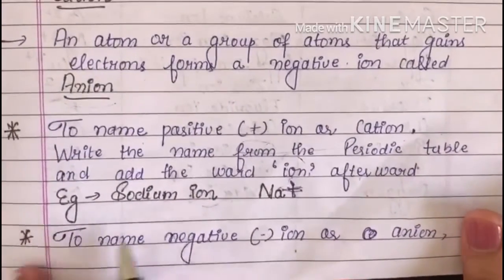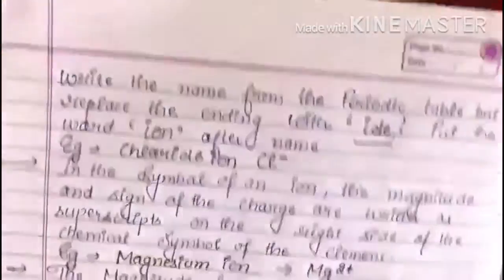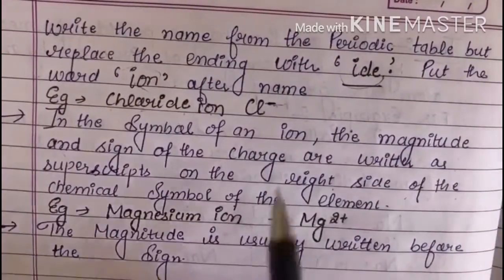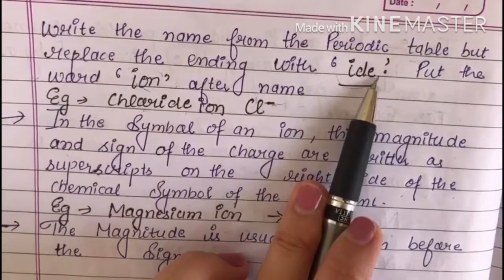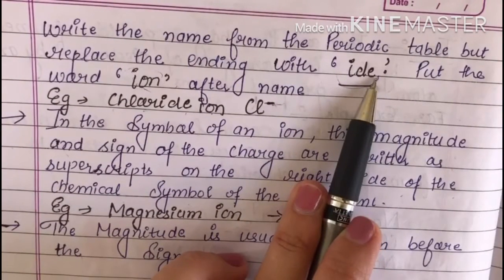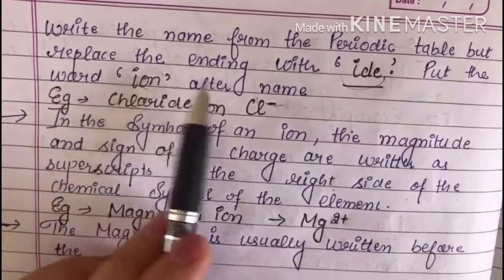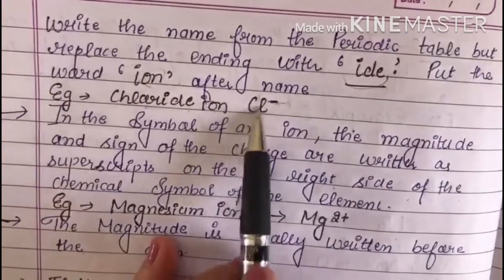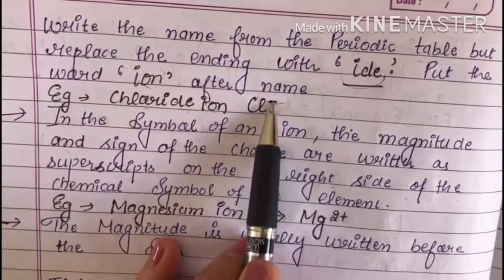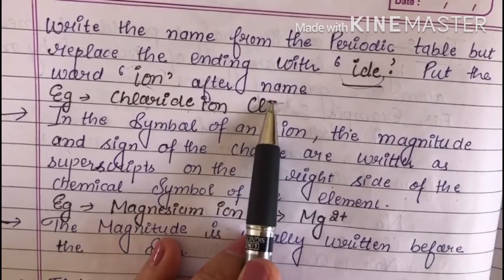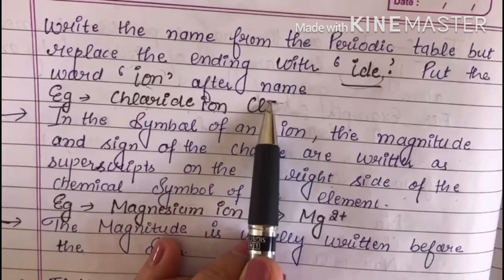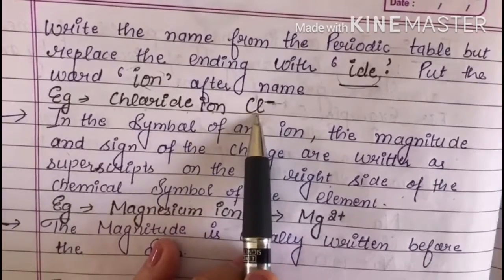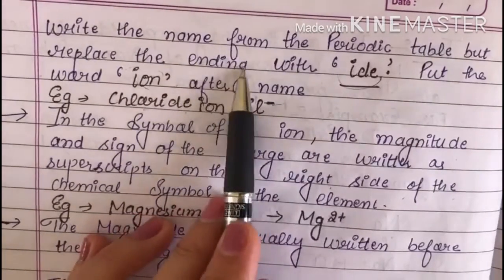In case of negative ions or anions, write the name from the periodic table and replace the ending with "ide." Put the word ion after the name. This is the chloride ion. This is a negative ion, so we first choose its name, chlorine.